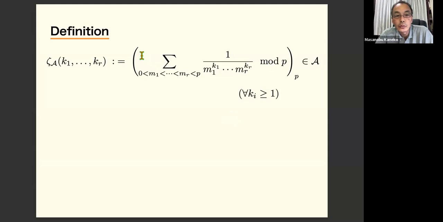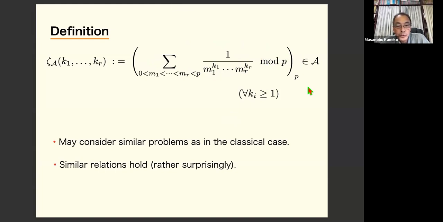We also denote the equivalence class by this collection over p in the ring A. So this is a finite MZV.